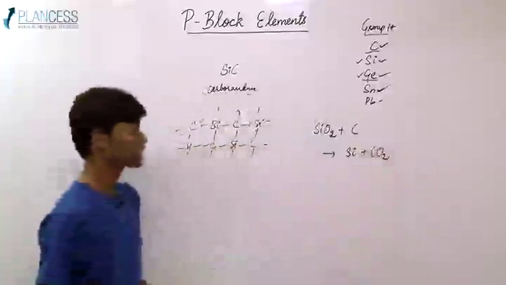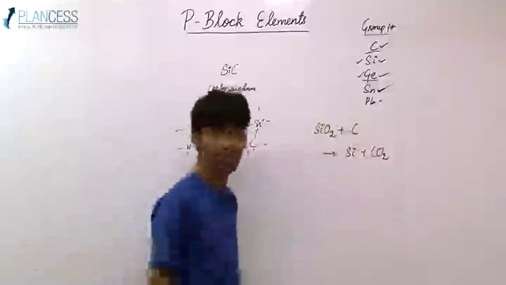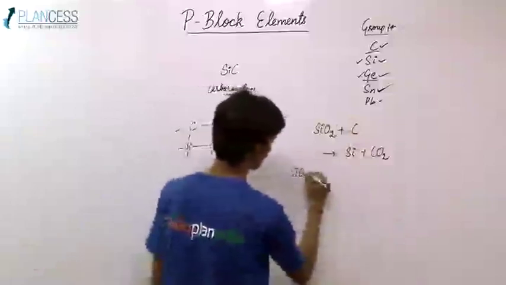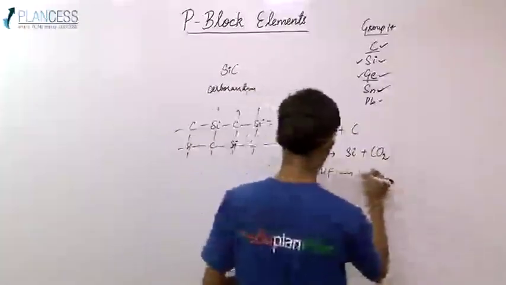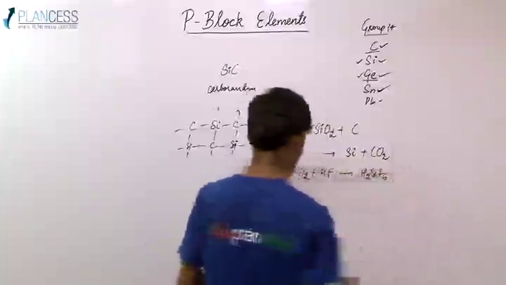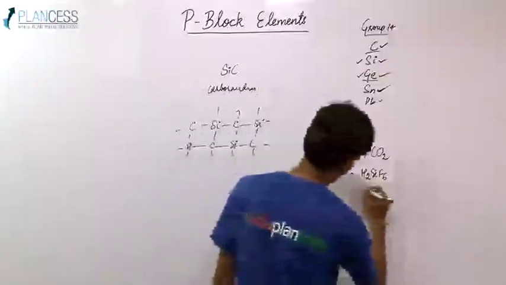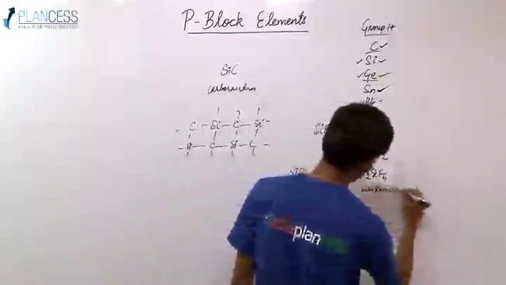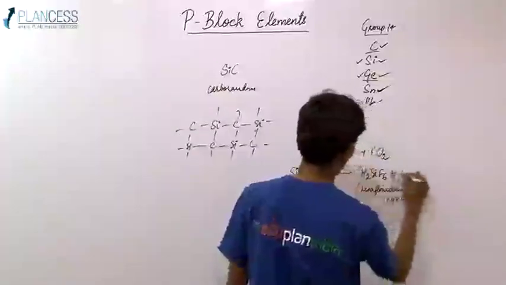Silicon is not attacked by acids. SiO2 doesn't react with acids, but it reacts with hydrofluoric acid. Except hydrofluoric acid, it doesn't react with any acid, because when it comes in contact with HF, it forms H2SiF6, that is hexafluorosilicic acid, with the evolution of hydrogen gas.